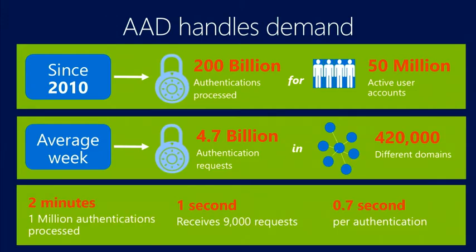In 2 minutes, it does 1 million authentications. In a second, about 9,000 requests, about 0.2 seconds for each authentication. I think when you look at those figures, and they're almost too large to get your head around, you'll agree with Vittorio where he says that Azure Active Directory is very definitely not a school science project.